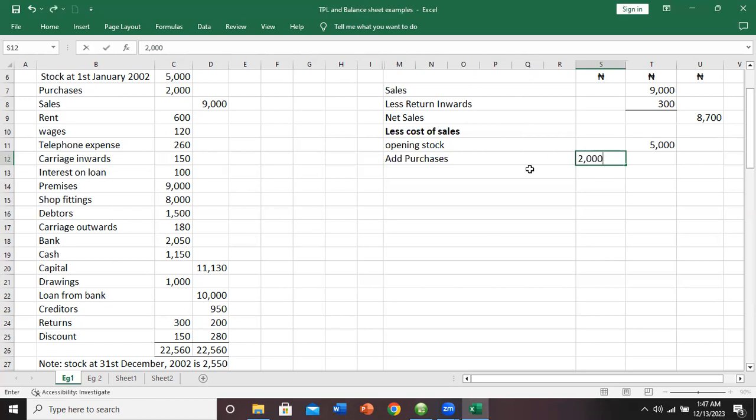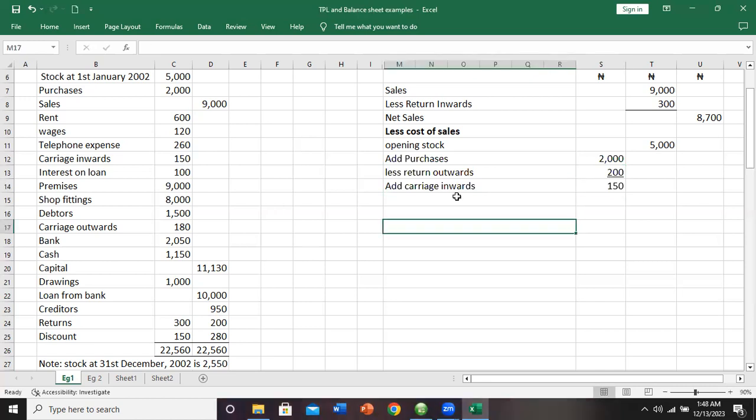And then we less the return outwards and add the carriage inwards. So return outwards of 200 and carriage inwards of 150. When we do that, we get the net purchases. This net purchases would be added to the opening stock under the second column.